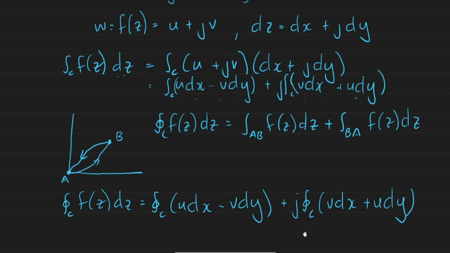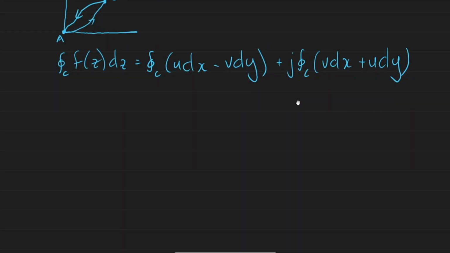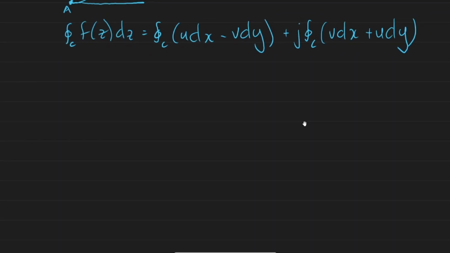So what's the next step? The next step is to take this line integral around the closed path for both the real and imaginary parts and apply Green's theorem to it. If you want to revise what Green's theorem is, you can go back to the previous videos in multivariable calculus, where I had done videos on this.